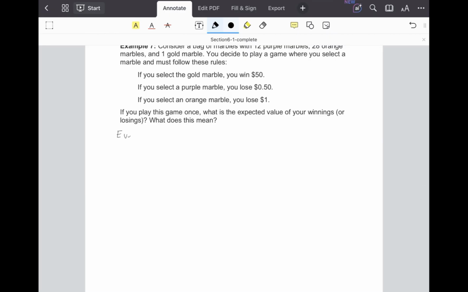So I'm going to set up a table and just put event and then put return and probability.